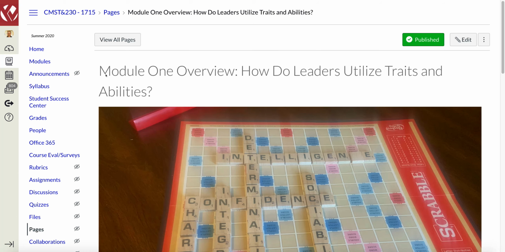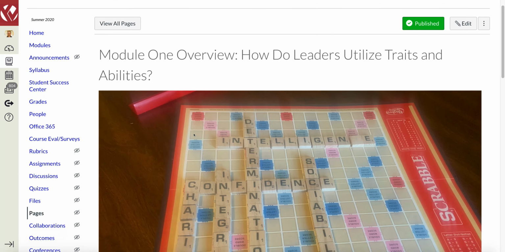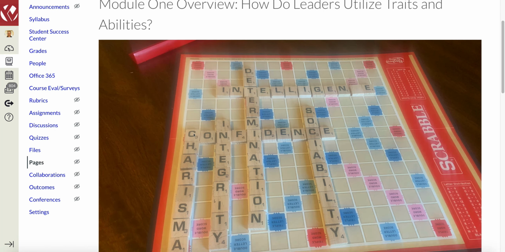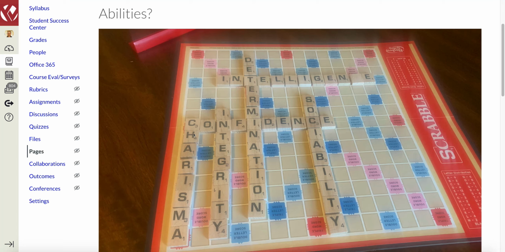So you can see I had a little fun here with the Scrabble board at home, and I put an image together. So the images that I put at the start of a module for the overview, they're designed to help you focus and think about what the theme of the unit or the module is.